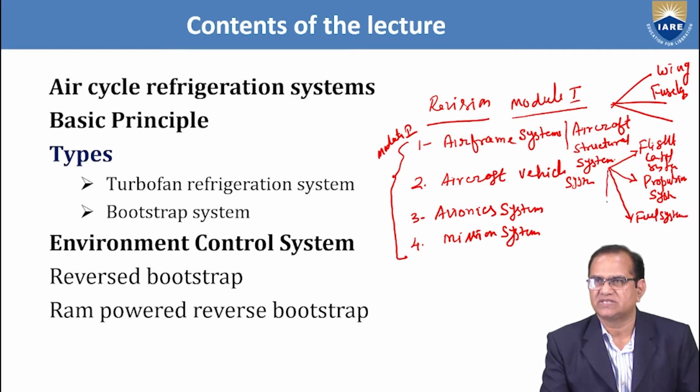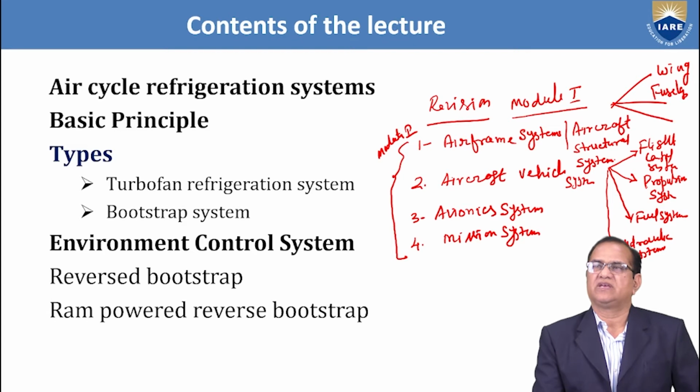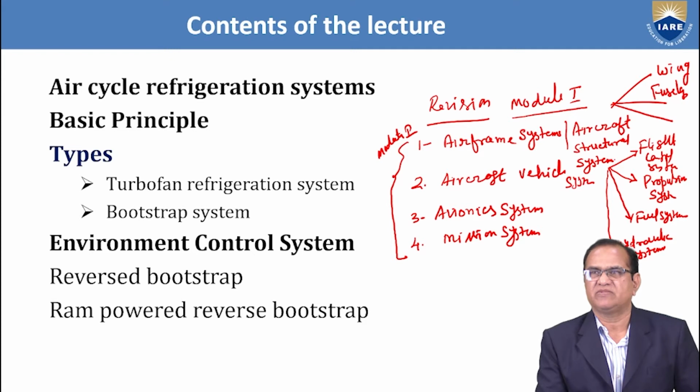Fourth one is hydraulic system. So like this, in the aircraft vehicle system, flight control system, propulsion system, fuel system, and hydraulic systems are covered.